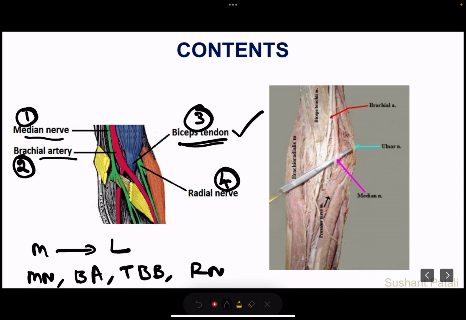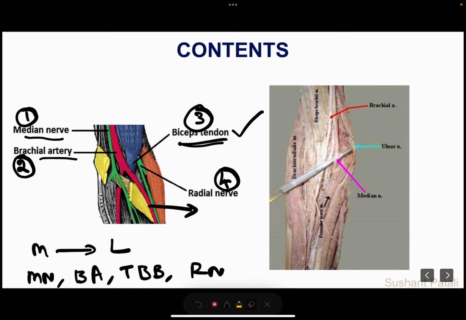That's the radial artery. This radial artery passes relatively superficial to the ulnar artery. As you can see, it passes downwards and laterally, and it rests on the tendon of the biceps brachii muscle. So this is the radial artery, and you can see that it rests on the tendon of the biceps brachii muscle.